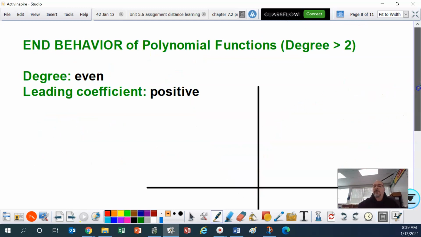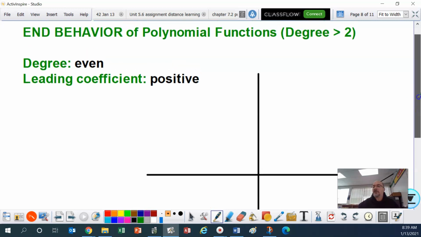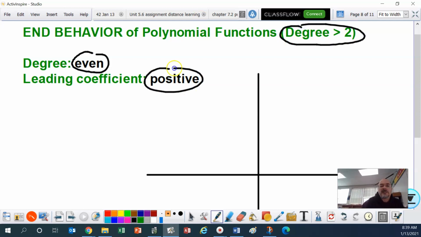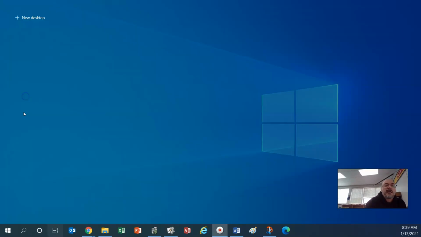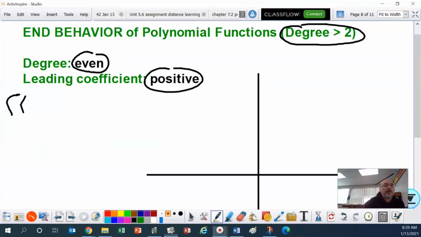All right, this time we have an even degree with a positive lead coefficient. Well, even, and again, it has to be bigger than 2, positive. So for example, you might have f of x equals, okay, positive, so let's say 6x to the 4th.